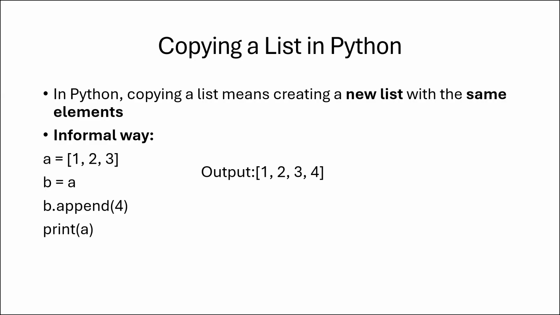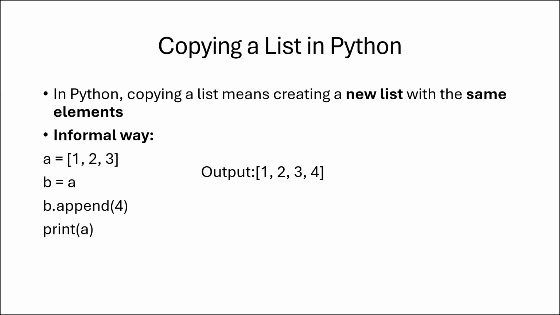Copying a list is done in two ways. First is the informal way of copying. What it focuses on: when we assign a equal to the list 1, 2, 3, and then in the next step I create another variable b and assign a to b. In this, our original list is copied to b.